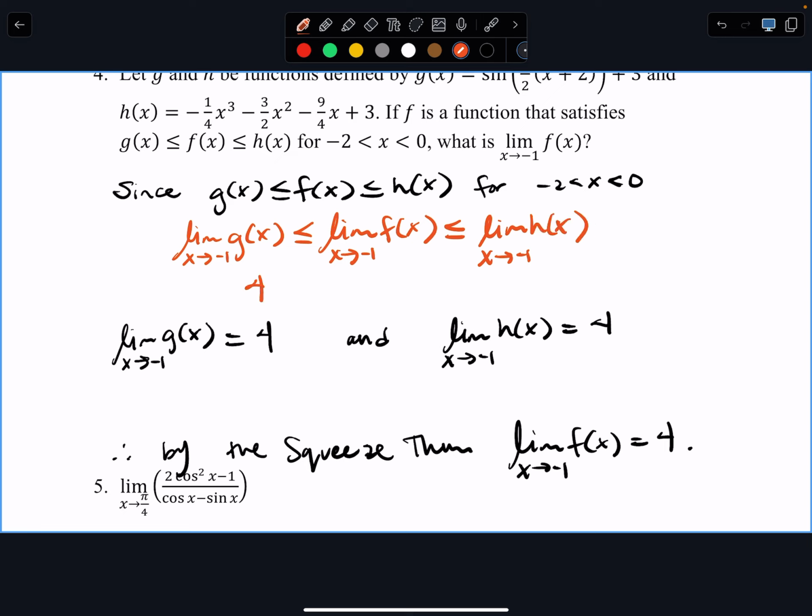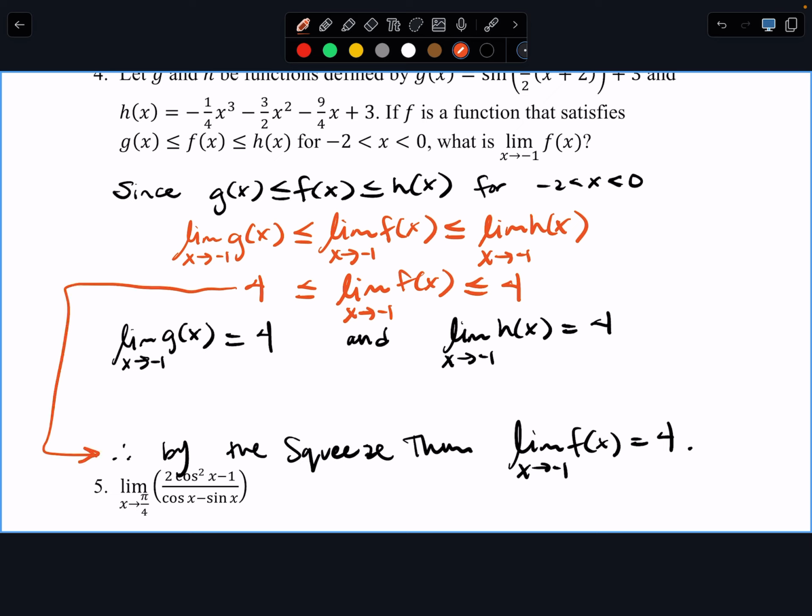And then you go, oh, that's 4. And then you can really see why the limit of f of x ends up also having to be 4. So you could make the statement like that in order to conclude that by the squeeze theorem, the limit as x approaches -1 of f of x is also equal to 4. This is communicating the same information as these two limits, showing that you've considered these two limits.